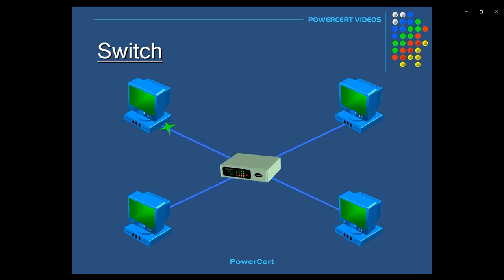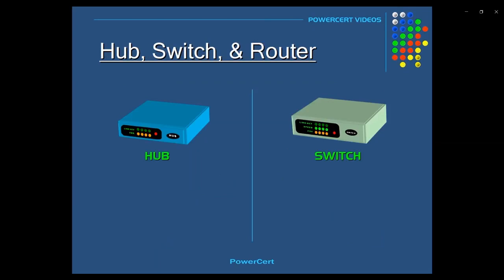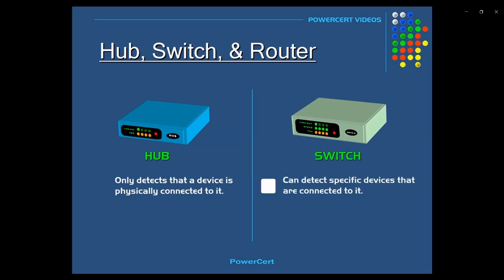As a result, switches are far more preferred over hubs because they reduce any unnecessary traffic on the network. So as a review, a hub only detects that a device is physically connected to it, and a switch can detect specific devices that are connected to it because it keeps a record of the MAC addresses of those devices.